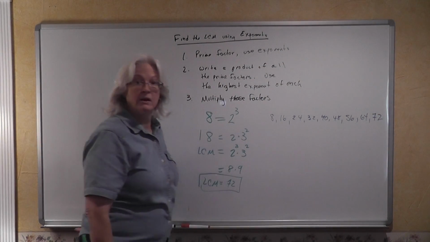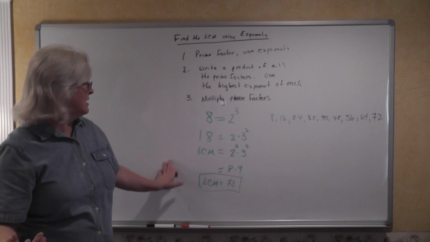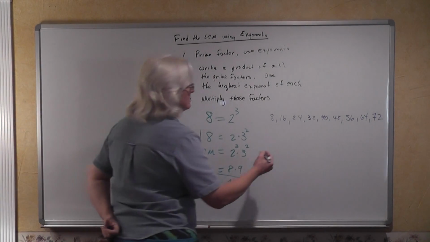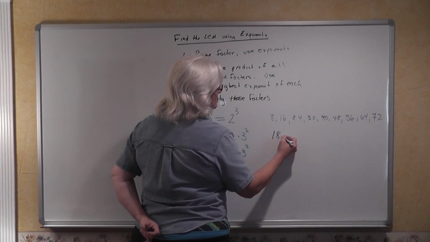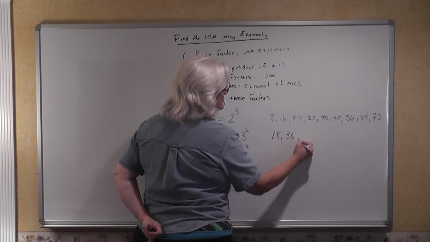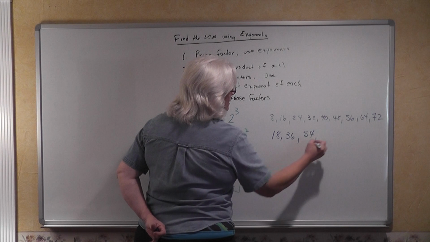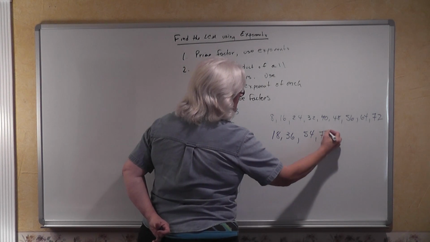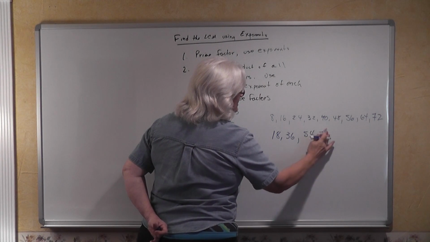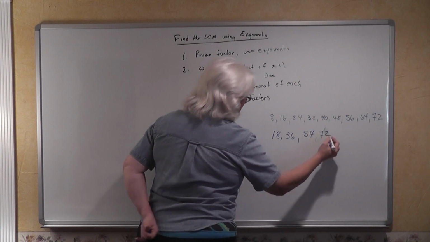Now let's see what our multiples of 18 are. You have 18 times 2 is 36, times 3 is 54, times 4 is 72.